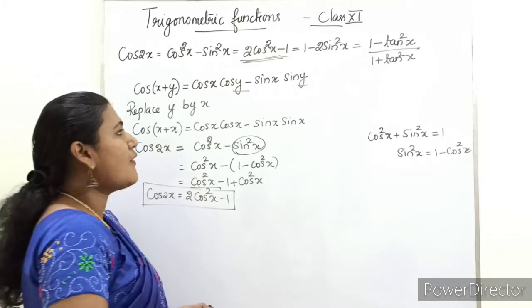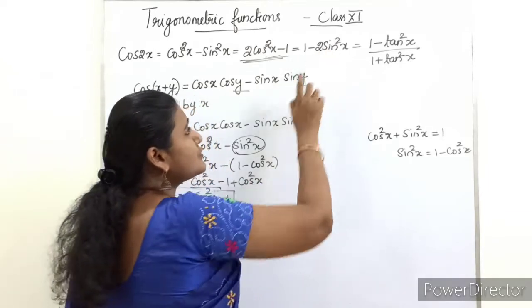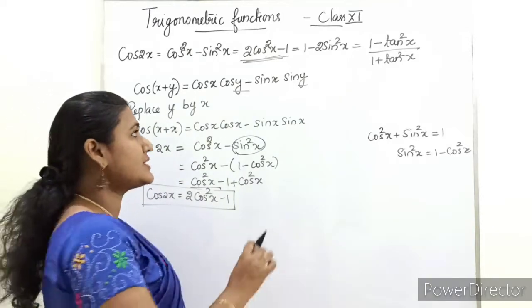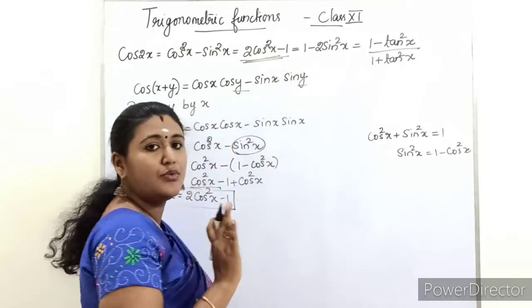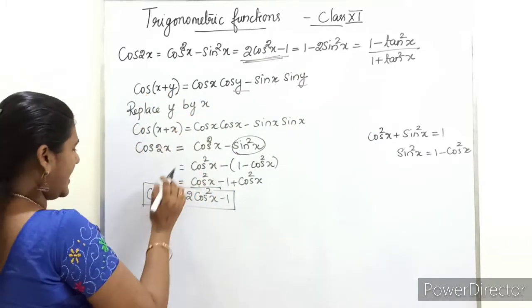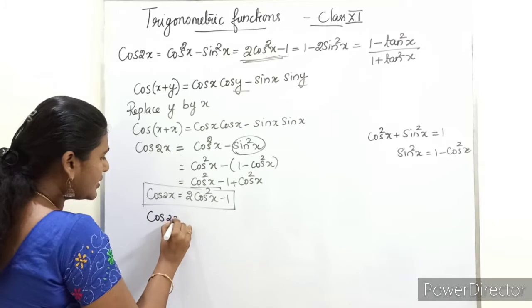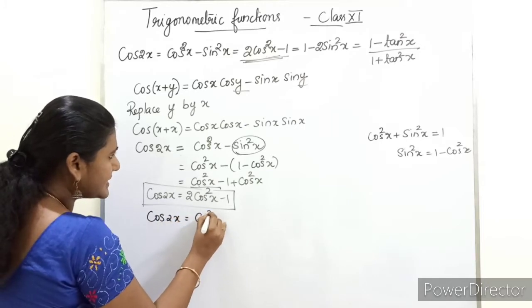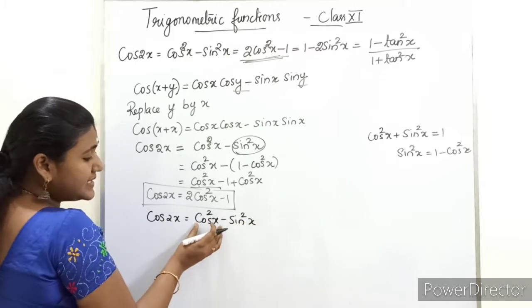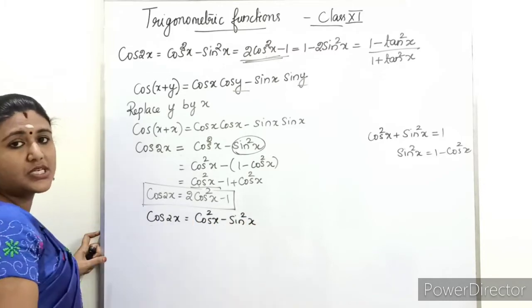Now the third formula is 1 minus 2 sin square x. In this formula there is no cos, only sin. So we take the formula cos 2x is equal to cos square x minus sin square x, and replace cos square x in terms of sin square.